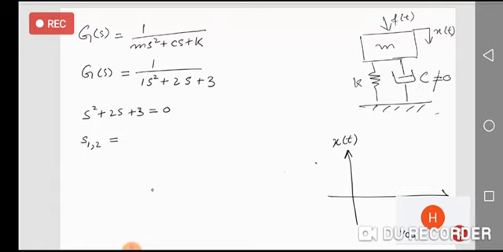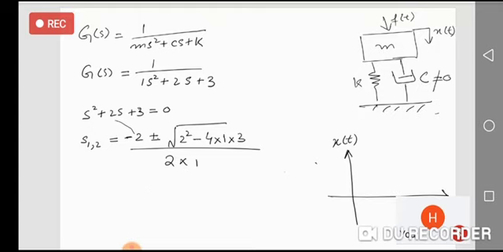So s1 comma s2 is minus 2 plus minus, okay, 2 square minus 4, m value is 1, and k value in this particular case is 3, divided by 2 into m value is 1.